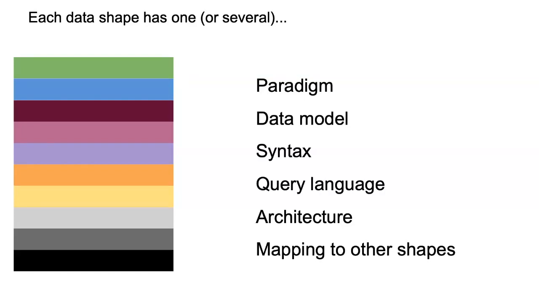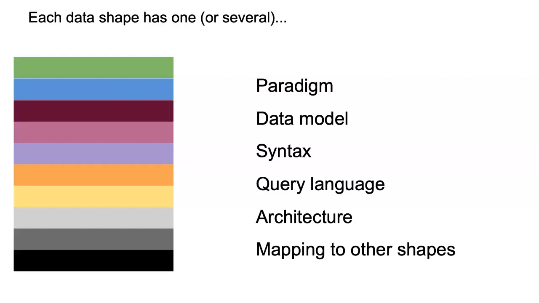So we looked into this stack of things that we need to build a data management system, and we have it for tables, we have it for trees, and so on. It also exists for graphs and for cubes. So for every data shape, we have a paradigm, which is the big picture of the data shape. We have, I should even have put an S here, data models, because you can have several data models for the same data shape.